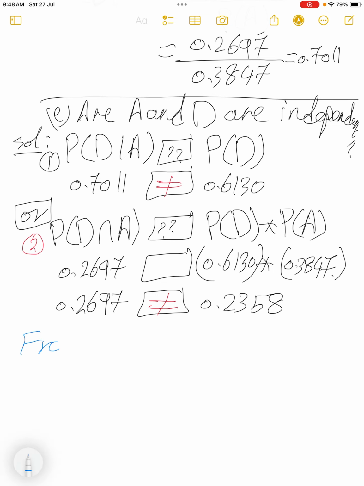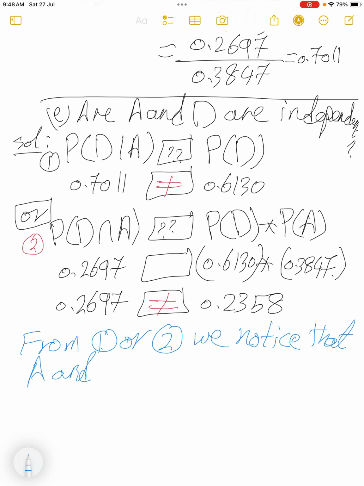From 1 or 2, we notice that A and D are not independent.